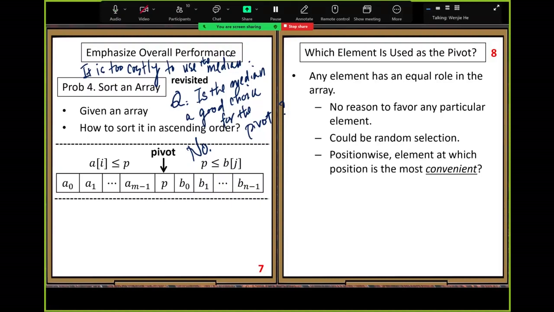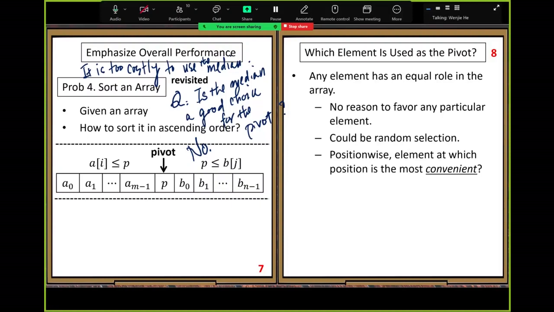Then its position is very important for your swap operations, right? When you do swap operations, the position of the pivot element is very important. So that's the reason we want to determine the position of the pivot element before we do the swap operations. Otherwise, we may do too much work.